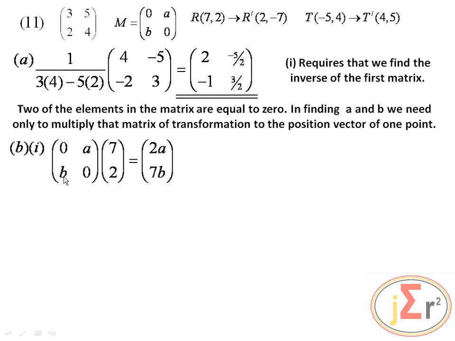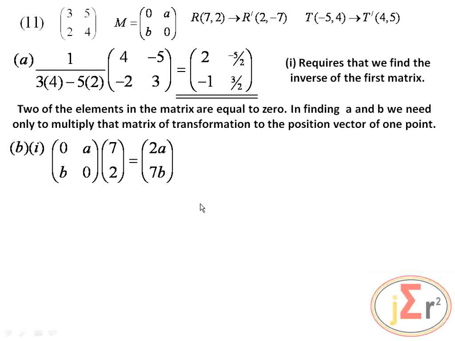So we have b times 7 is 7b. Notice that this one will go out. So 0 multiplied by 7, that's gone. A times 2, 2a. Then b multiplied by 7, 7b. And 0 with 2, that's gone. So we have 2a and 7b.